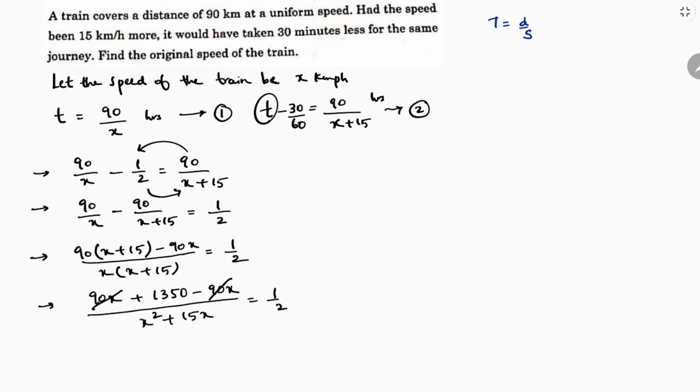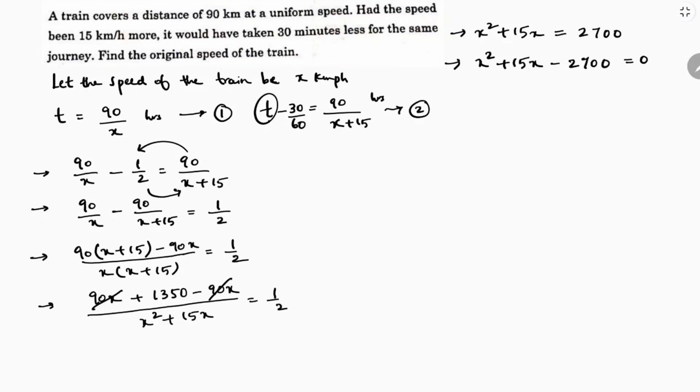If I cross multiply, I get x square plus 15x equals 1350 into 2, that is 2700. So now x square plus 15x minus 2700 equals 0.